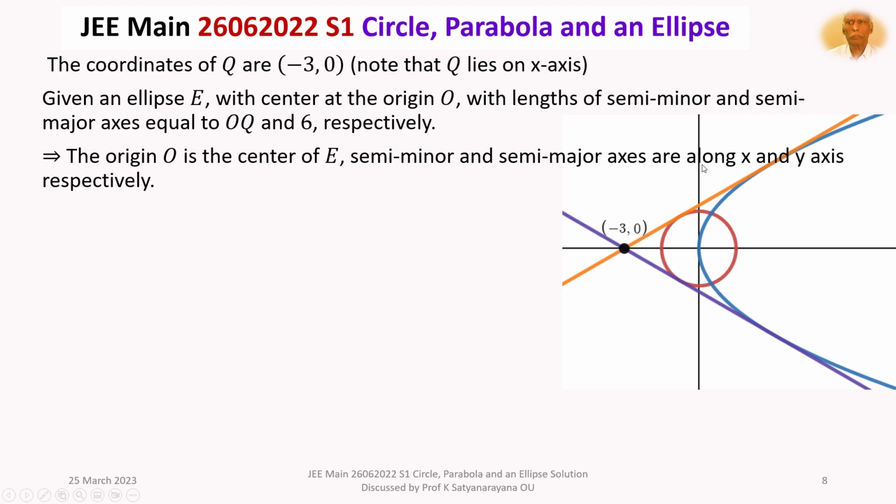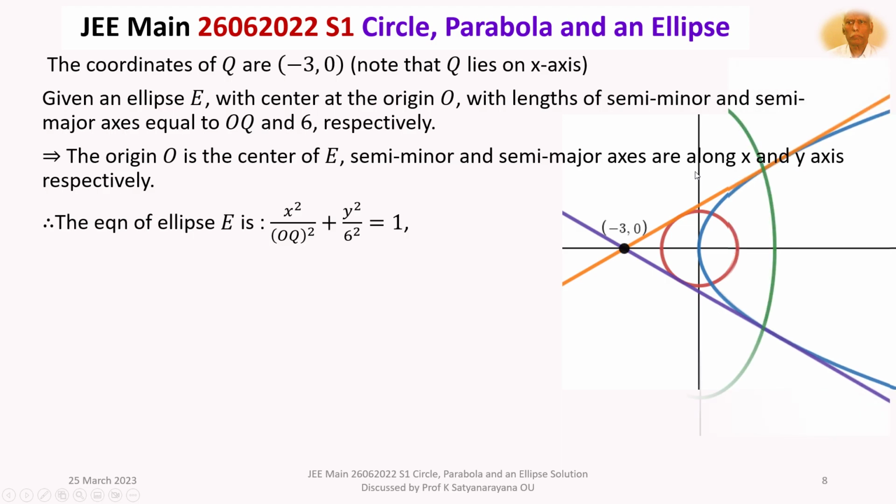The length of the semi-minor axis is OQ. The length of the semi-major axis is 6. So the equation of such an ellipse is x square by OQ square plus y square by 6 square is equal to 1.